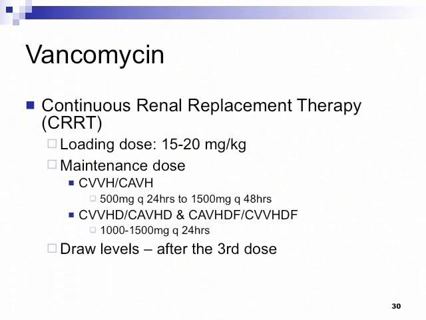But with CVVHD and CVVHDF, because it uses pressure, and especially with CVVHDF, the removal rate is higher, so you have to go with the higher dose. The replacement is either 1000 to 1500 milligram Q24 hours. I use the 1500 milligram Q24 hours for the CVVHDF. Of course, we still have to draw a level after the third dose.